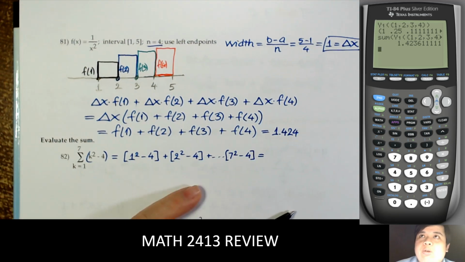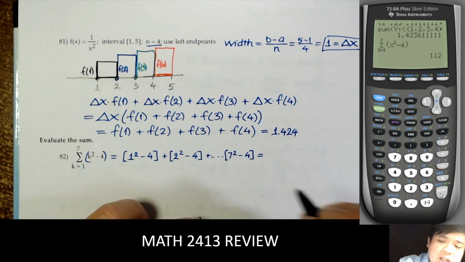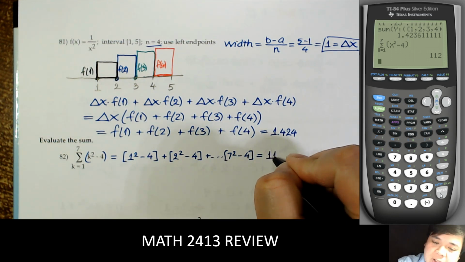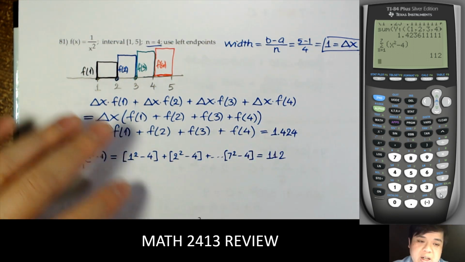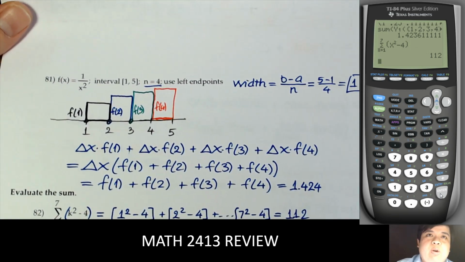If we want to do the summation with the calculator, it's going to be math, option number, should be somewhere down here, and we just say x equal to 1 up to 7 of x squared minus 4. So it's not much there. 112. Of course, if we do this manually, we also have 112. It's something that small, we don't need to use the formula for the summation.